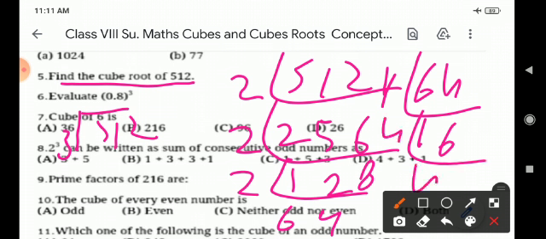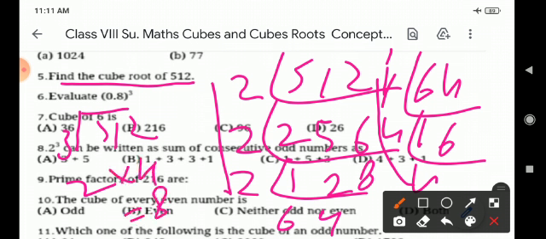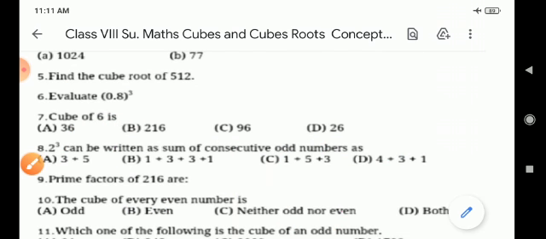That is, the answer will be a pair of 2 into 2 into 2, that is 2. A pair of 4 into 4, 2 into 4, that is 8. So the answer will be 8. So the cube root of 512 is 8.